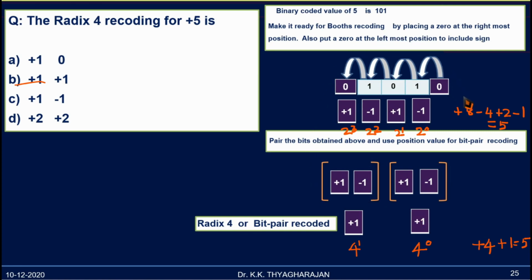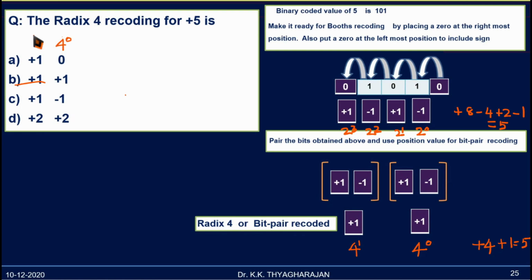Instead of doing all these processes, you can directly guess the correct answer from the given options. This is only possible for MCQs. Since the options are given in Radix-4 form, you just compute the values for each option. That is, the position value for this bit is 4 power 0.